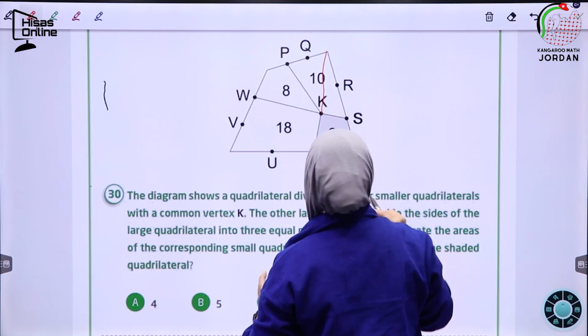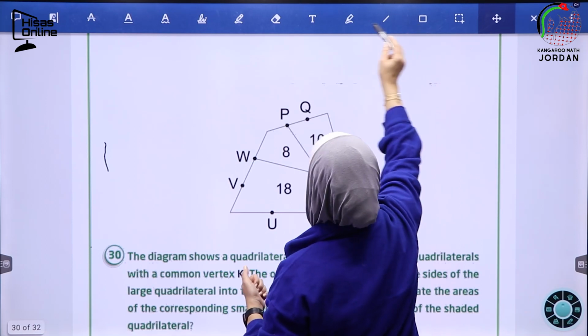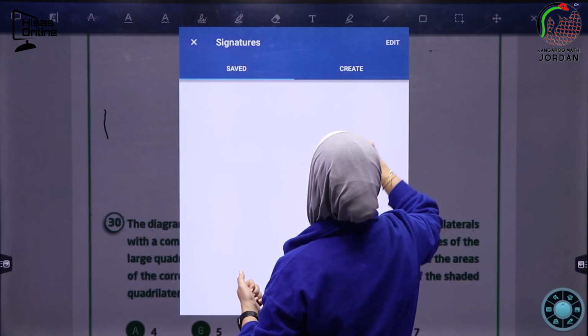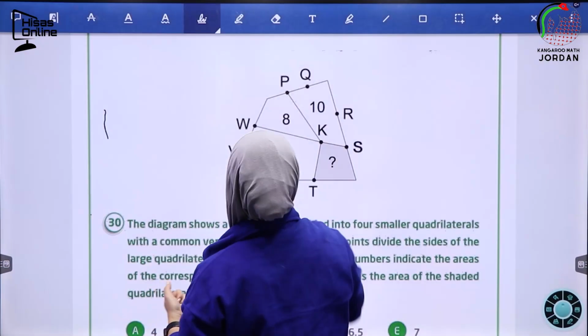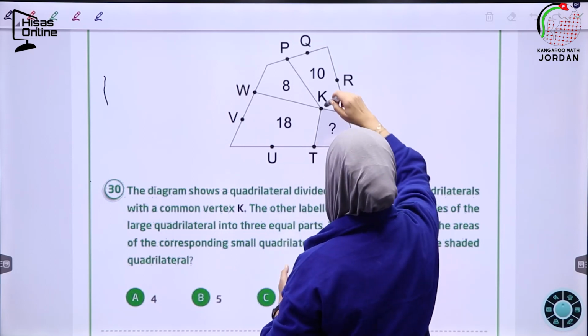Here a line. Let's use the line, which one? This one, right? Okay, we'll use this one.